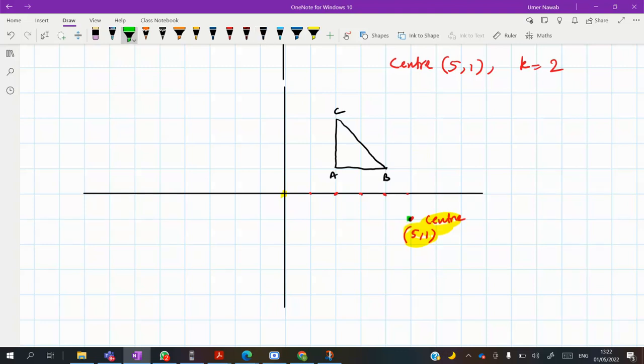From 5, 1, A is 3 left, 2 up. So the coordinates of A is minus 3, 2. The coordinates of B is 1 left, 2 up. And the coordinates of C will be 3 left, 1, 2, 3, and 4 up.